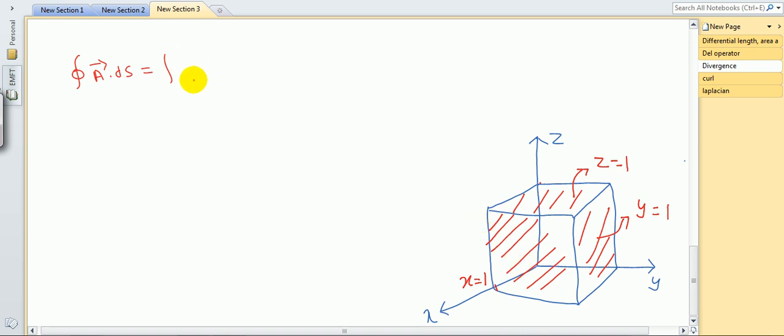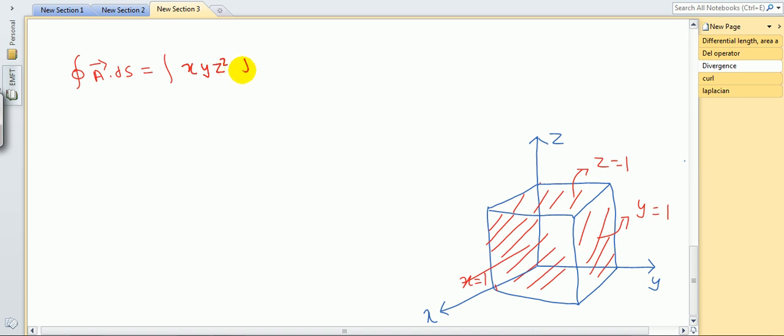So for the x equal to 1 surface, we know that the unit vector will be in the direction of x. So I will take only the ax component from the A vector, that is x y z square, sorry, not x y square, it is x y z square.